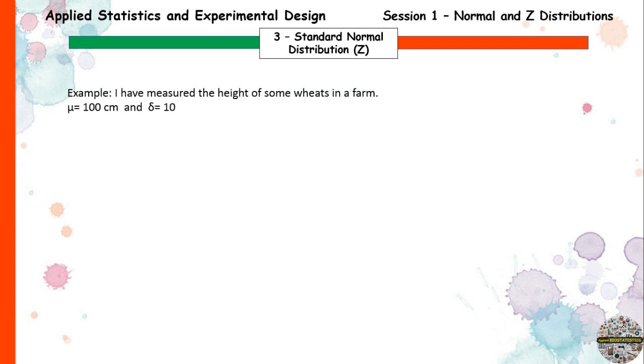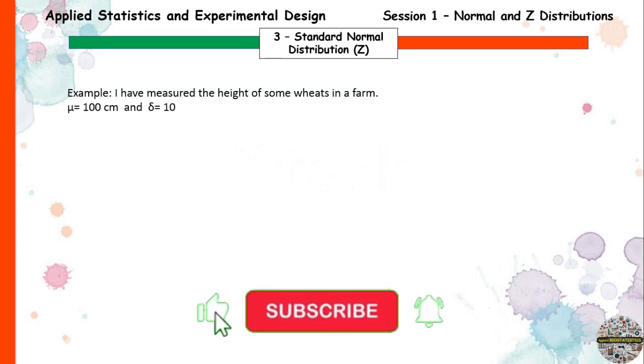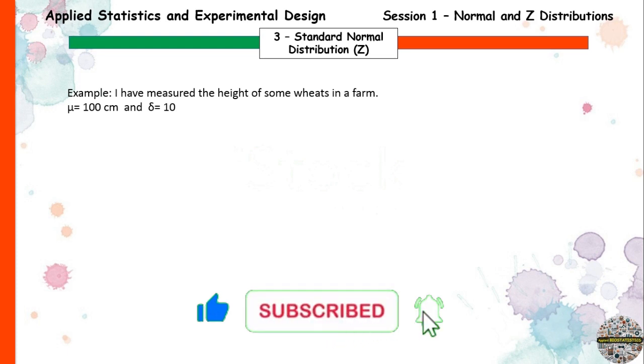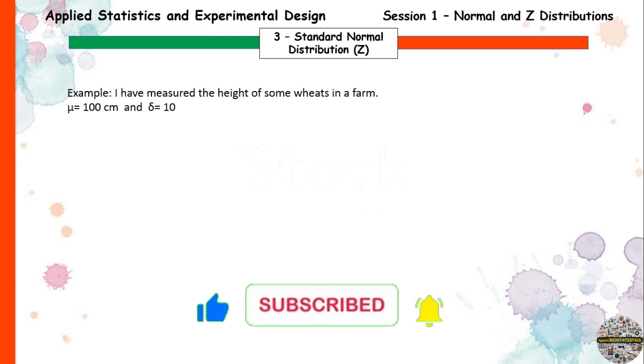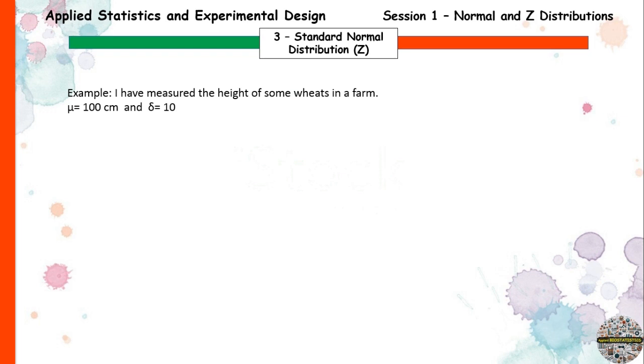So let me clarify it for you with an example. Imagine I have gone to a wheat farm, and I have measured the height of some wheats in that farm, and I calculated the mean of my measurements. It is 100 centimeters, and I have calculated the variance and the standard deviation, and it is 10.